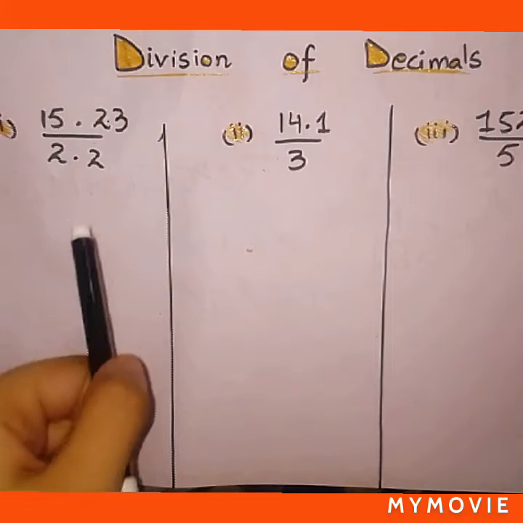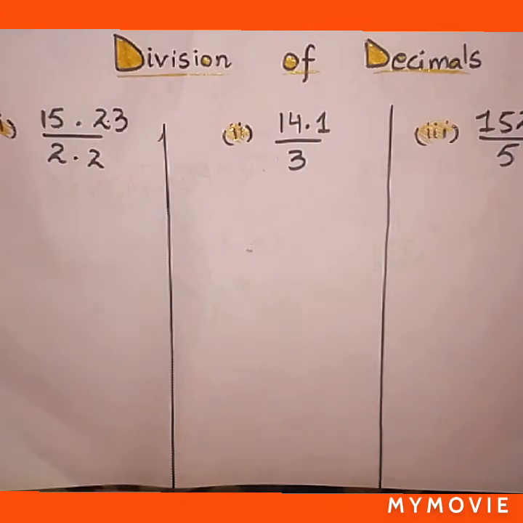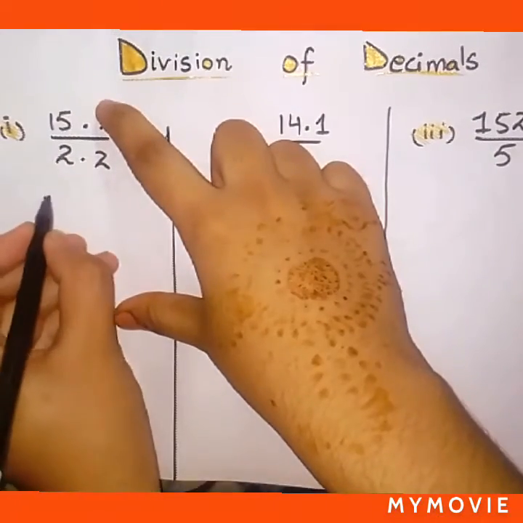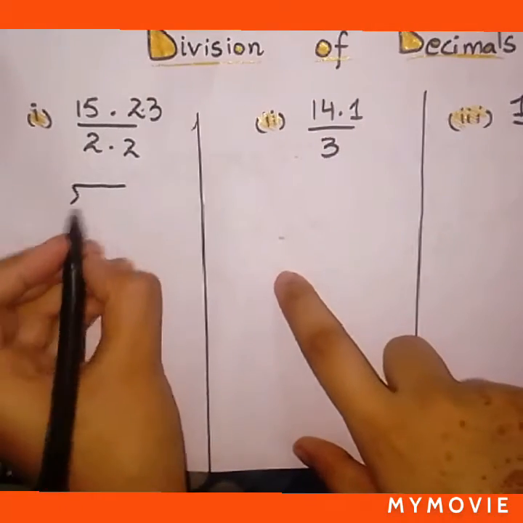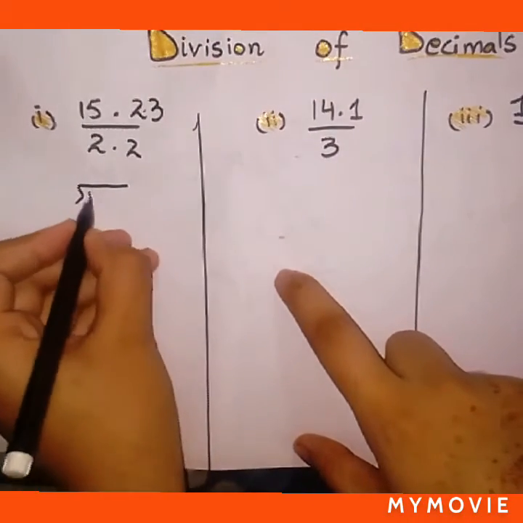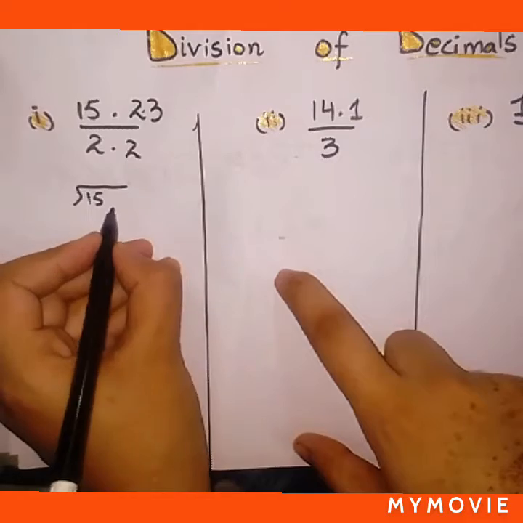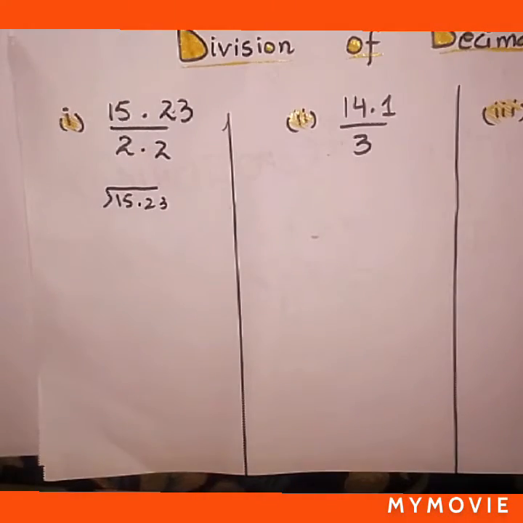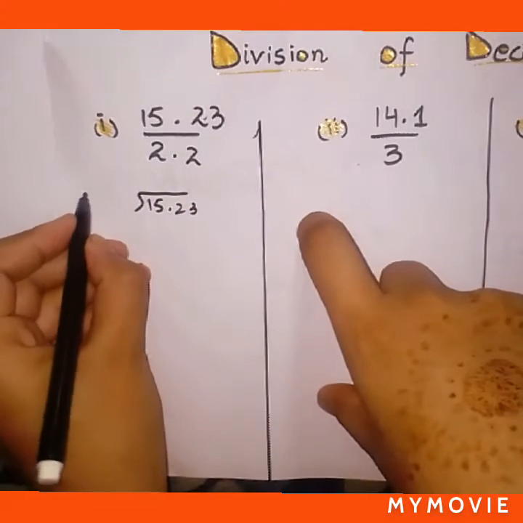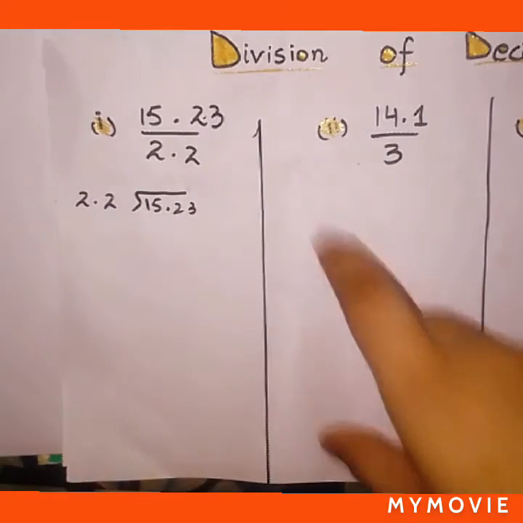This is a numerator and denominator in decimals. How can you divide now? First of all, make the symbol for division. Write the value 15.23, which is the dividend, and the divisor is 2.2.